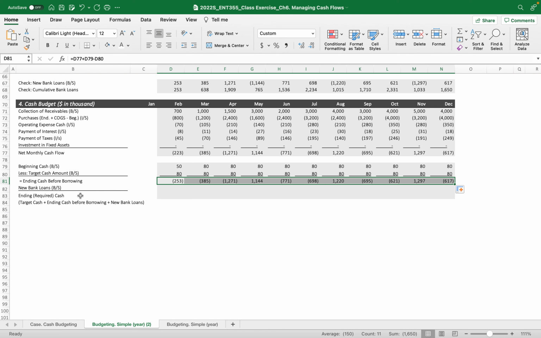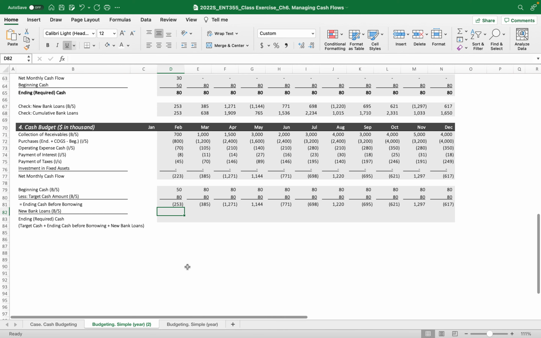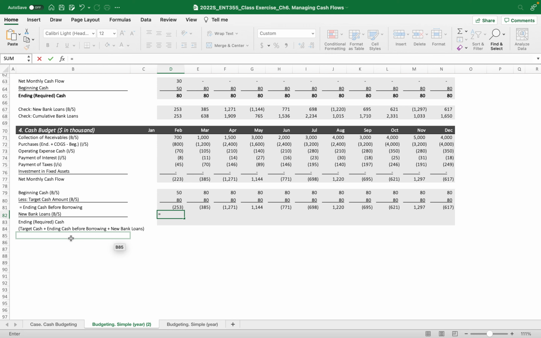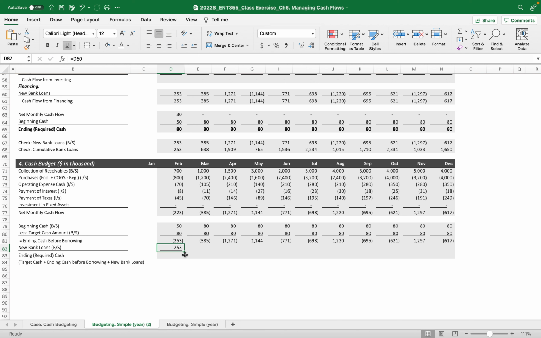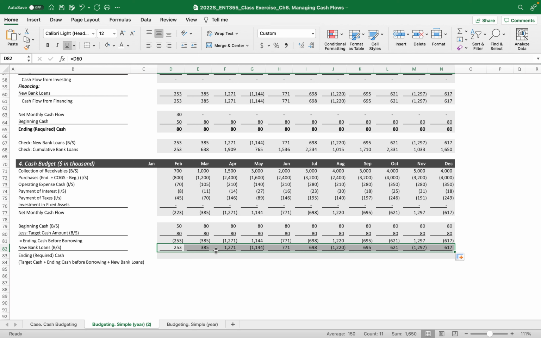The new bank loan that we need is the new bank loan. Where do we get this new bank loan? Okay, new bank loan, there you go. Then let's drag to the right.